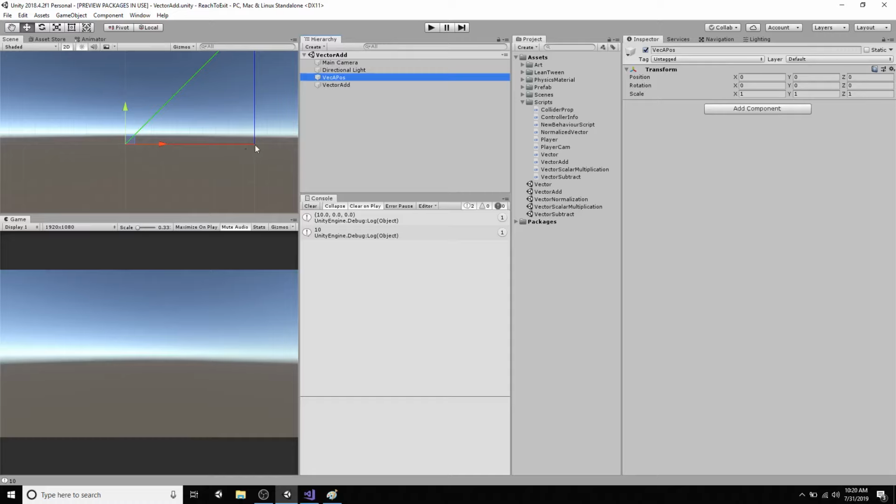There is one red vector and one blue vector. This blue vector is over here and its head is here. Now what vector addition basically means is we add this vector and this vector. The resultant vector is the green vector.